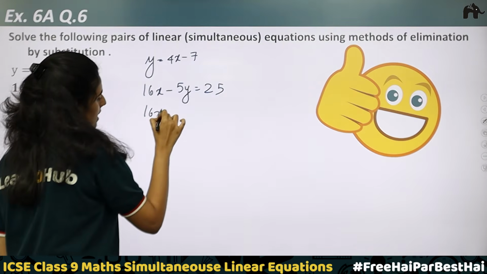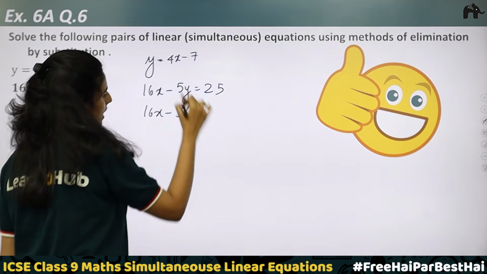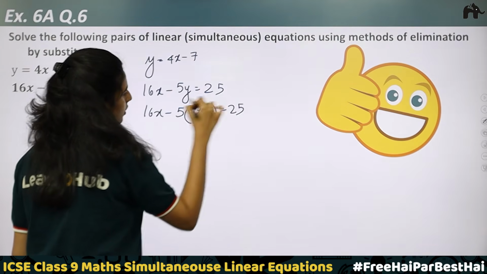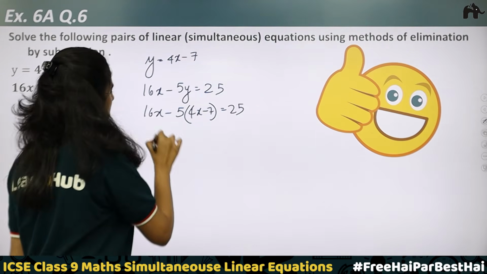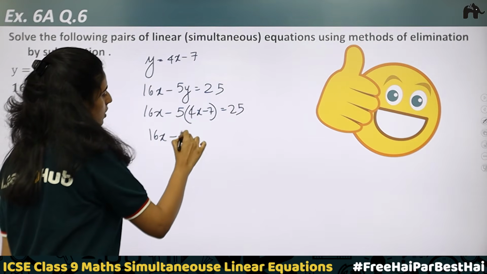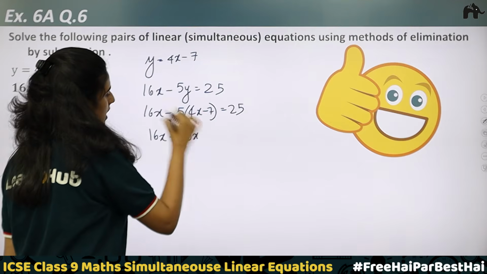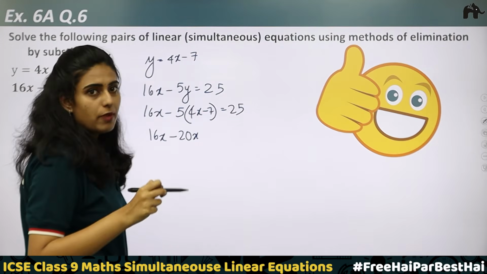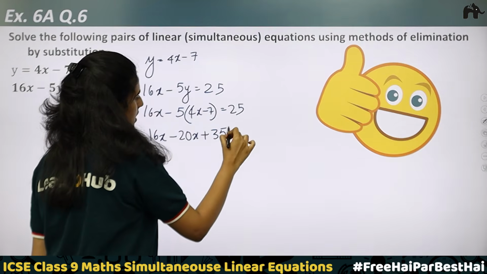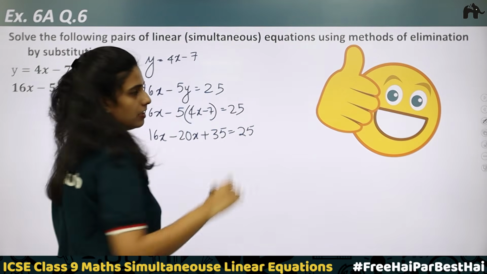So 16x minus 5 into y, that is (4x minus 7), is equal to 25. Okay. So 16x minus 5 into 4 is 20, so 20x, minus 5 into minus 7, that is plus 35, is equal to 25.